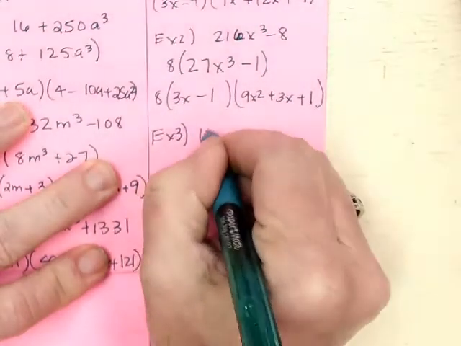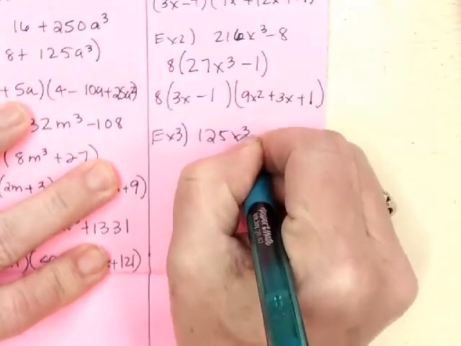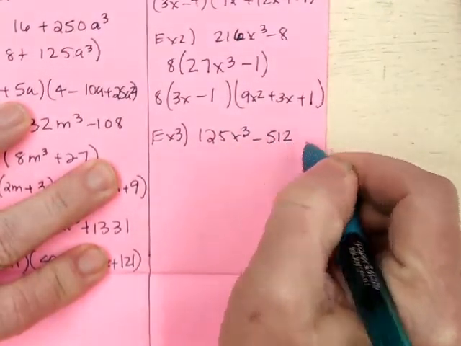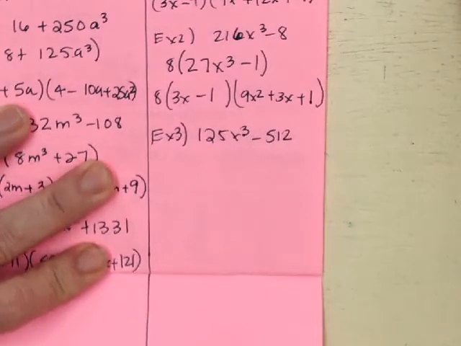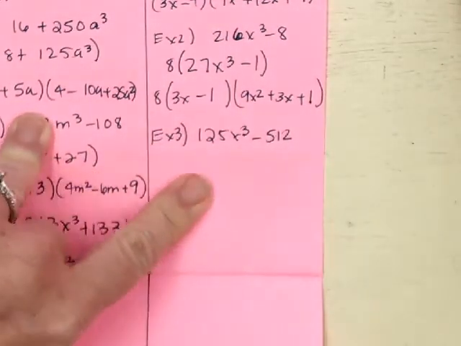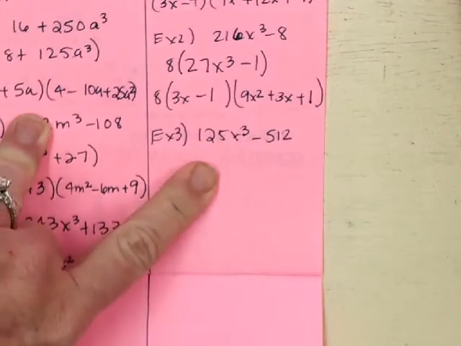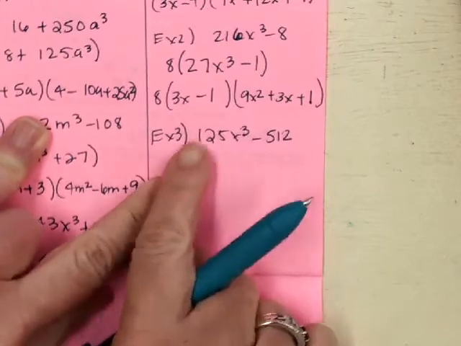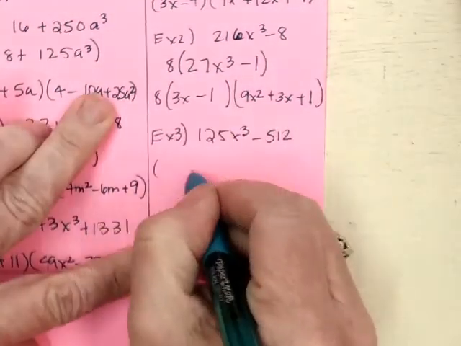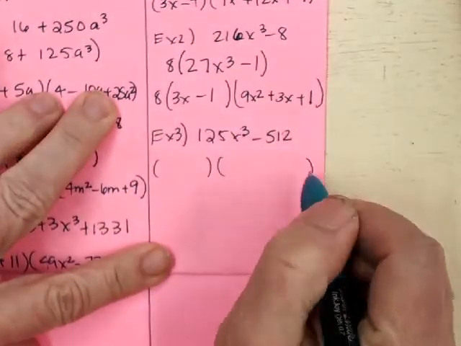Let's do another. 125x cubed minus 512. I don't see a greatest common factor there. No. So perfect cube minus a perfect cube. Binomial, trinomial.